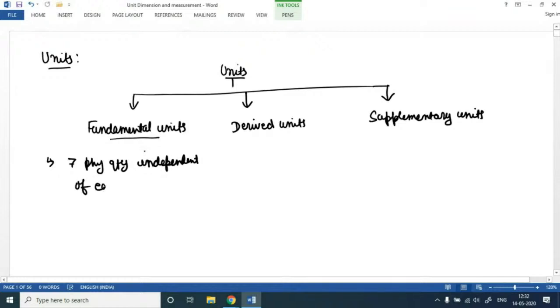Remaining other physical quantities you can derive with the help of the seven fundamental physical quantities.